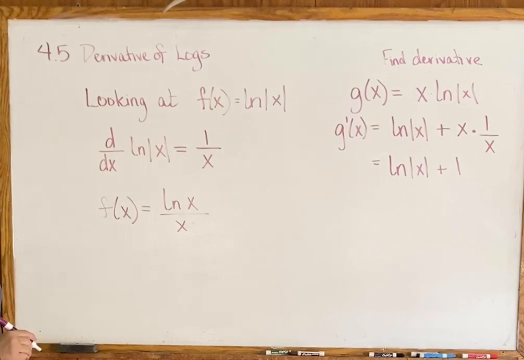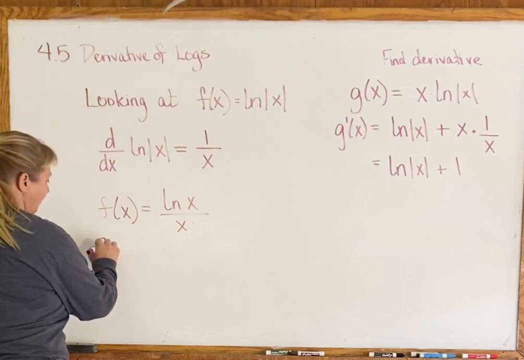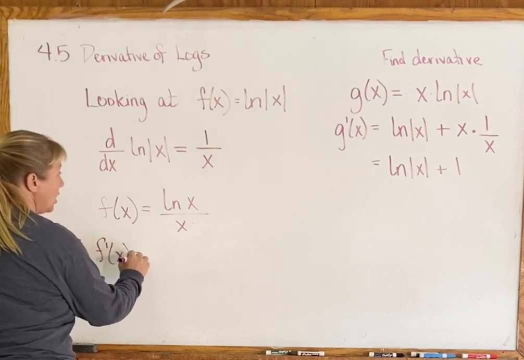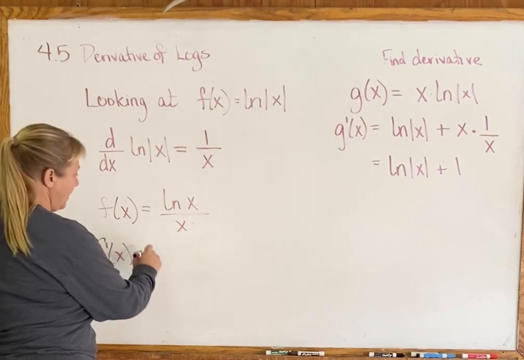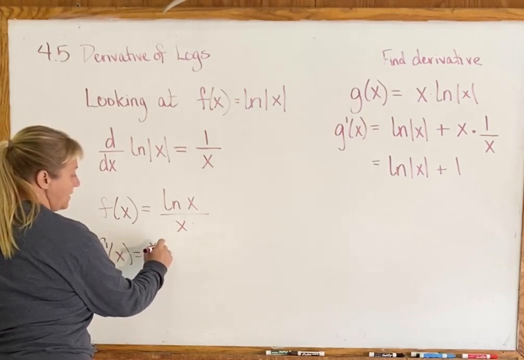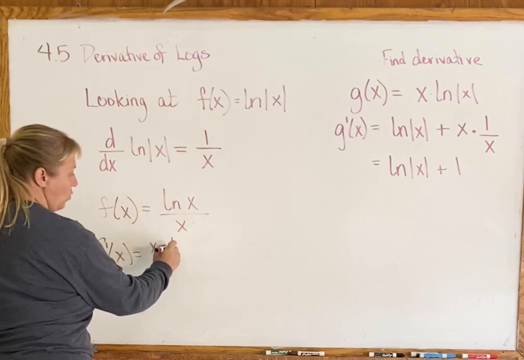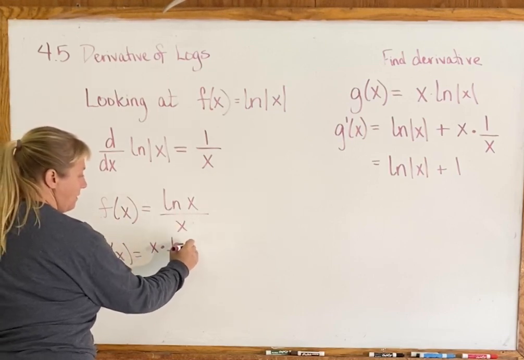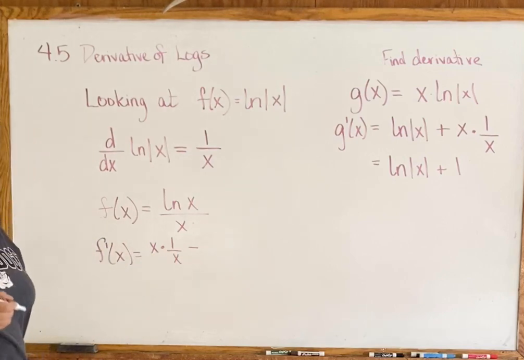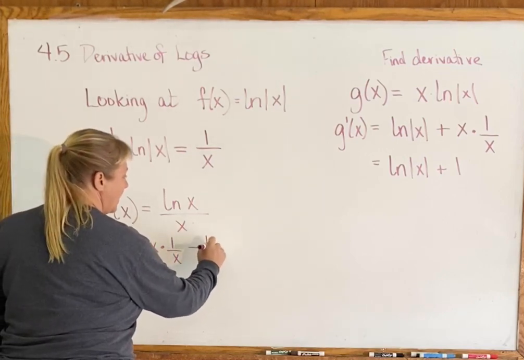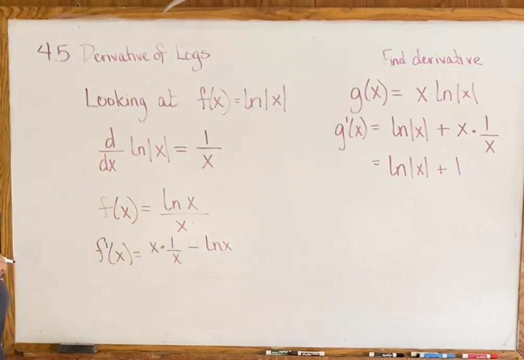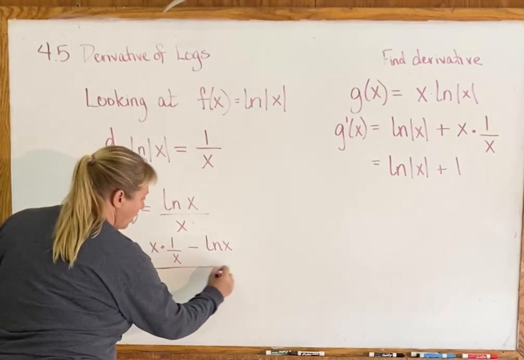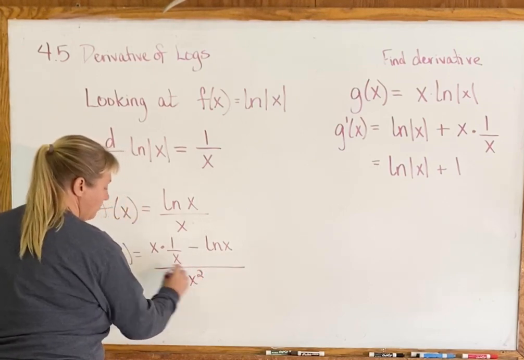All right, so we've got the quotient rule. It's been a while since we've used it. So f prime of x, we've got low d high. So low would be x, times the derivative of the high, 1 over x, minus high d low, minus ln of x times the derivative of the bottom, which is just 1, all over the bottom squared.